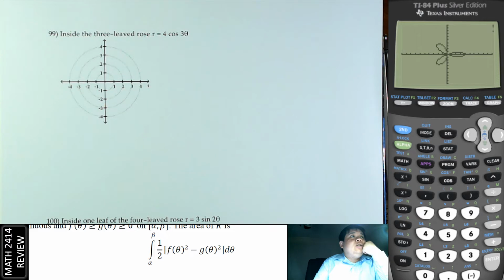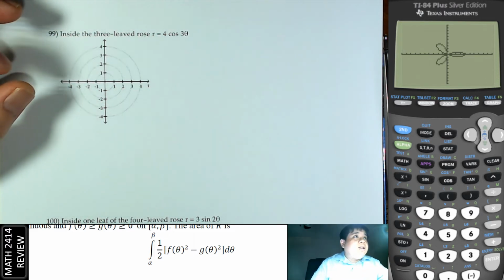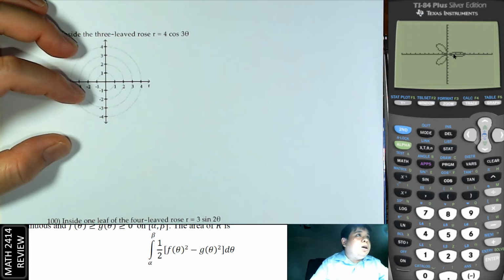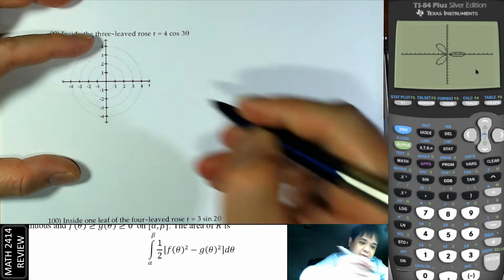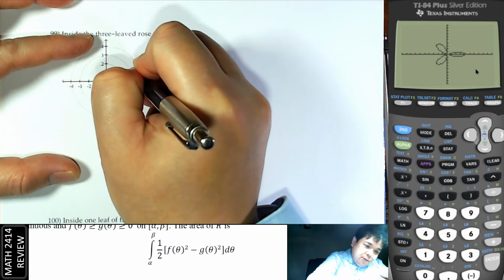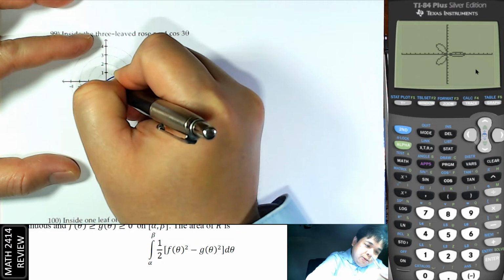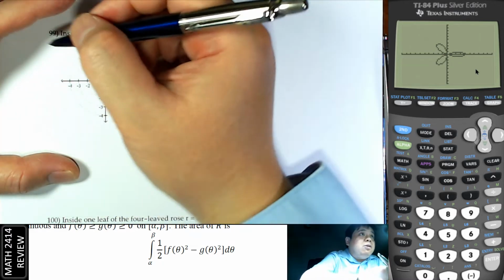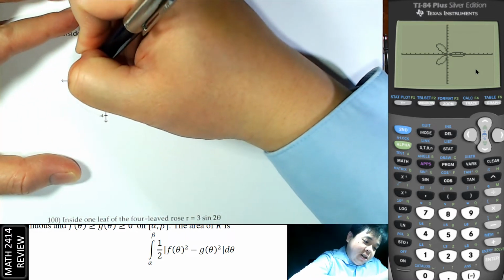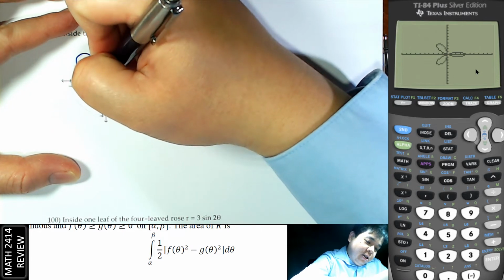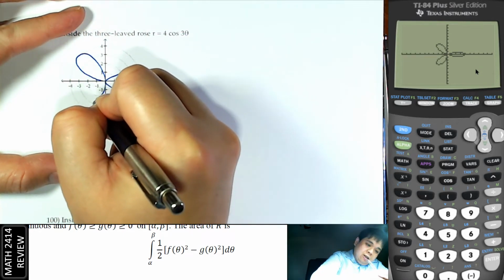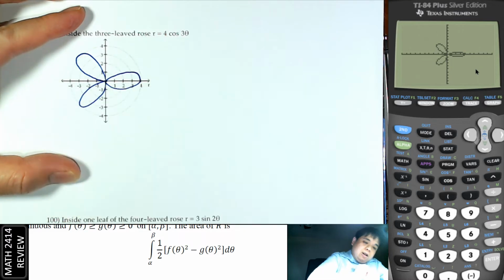Alright, so this is a 3 petal rose like that, and look like the petals 1, 2, 3, and that is one. Of course, I could draw better than that, but it looks like that.